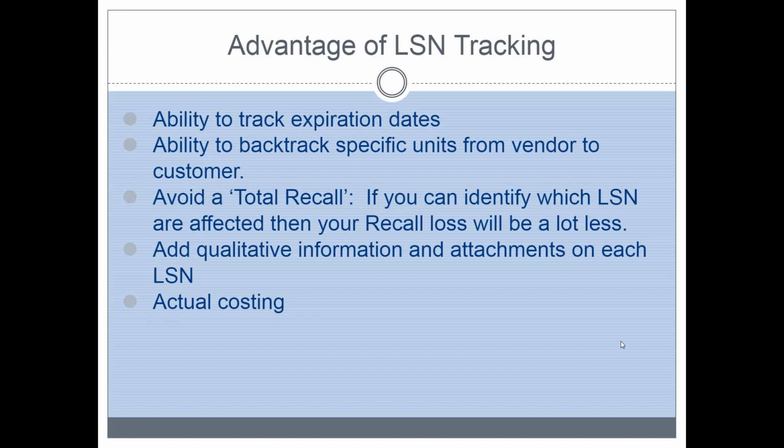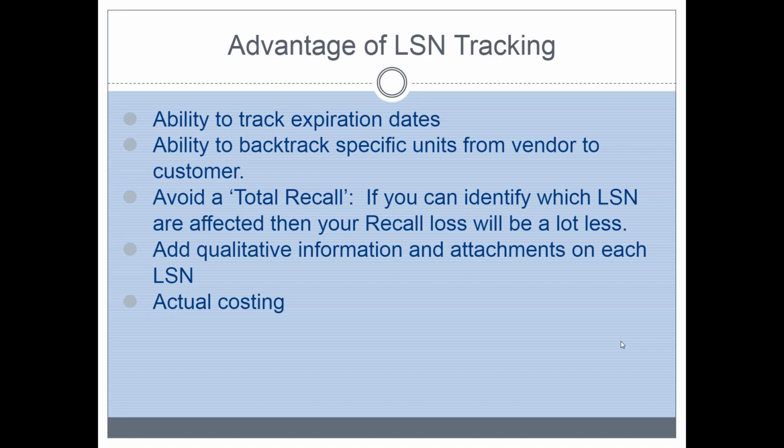You almost have to have lot and serial number tracking because government agencies will require it, your customers will require it, and so on. One advantage is the ability to track expiration dates because we know the exact number. We can run reports showing which items are going to expire and when. You also have the ability to backtrack.